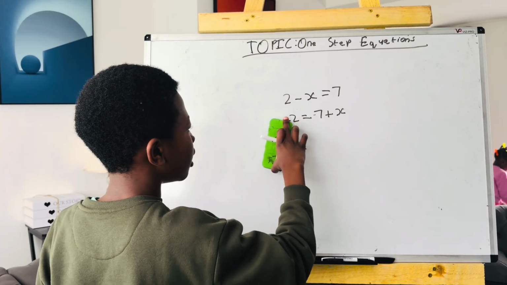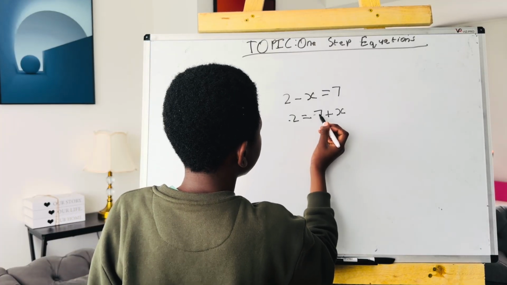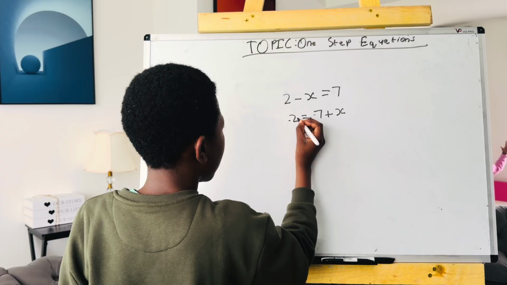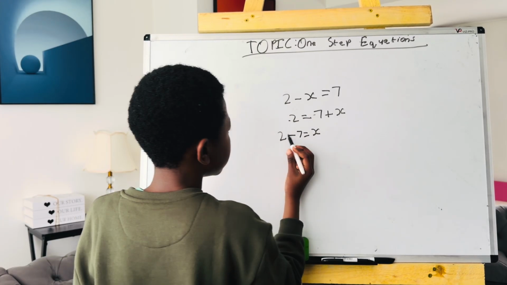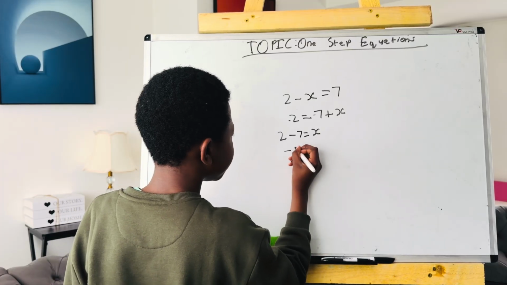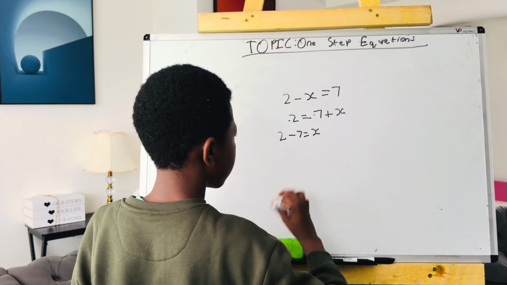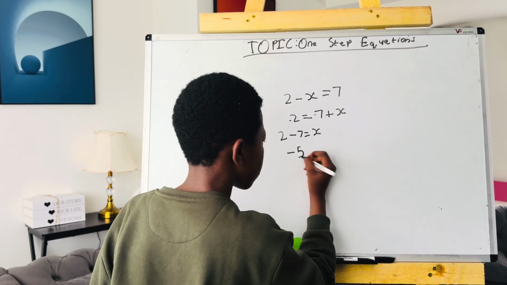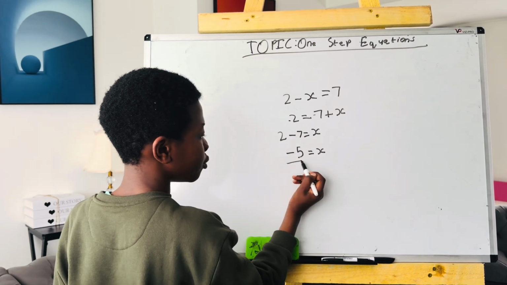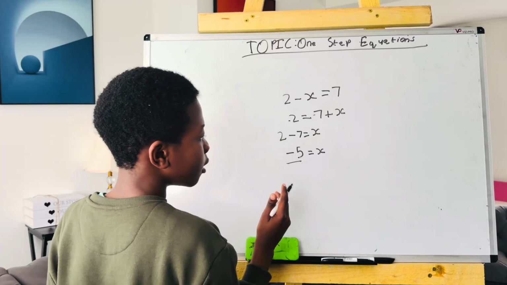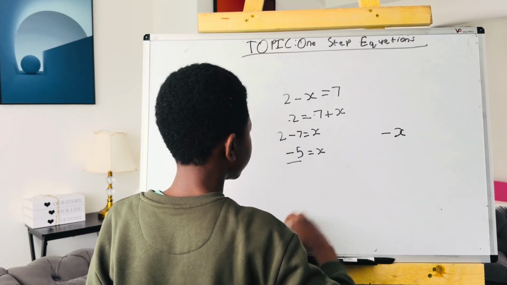We do have to write it unless we're doing addition. So we put 7 on the other side, and it'll be 2 minus 7 equals x, which will equal minus 5 equals x. Even though the answer is negative, we can leave it like that, fine. We can't leave x like this in our equations.